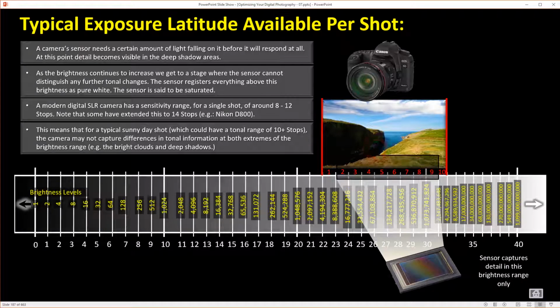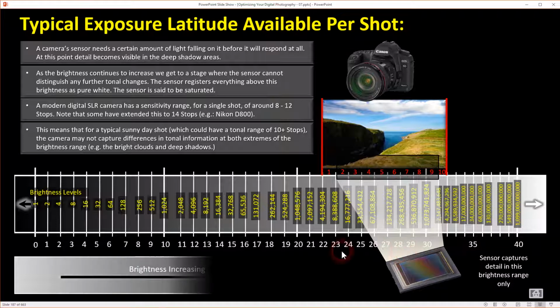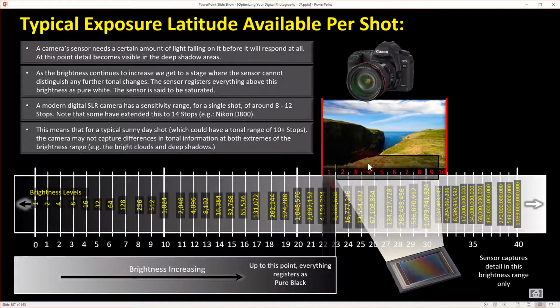However, let's just imagine that our camera can only capture a brightness range of 8 stops. That means that anything that's darker than that particular bit there will be registered as pure black. So some of the darker tones in this image can't be distinguished, and they will be registered as pure black.